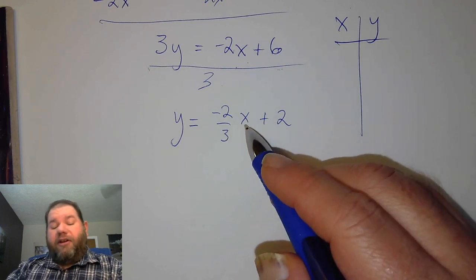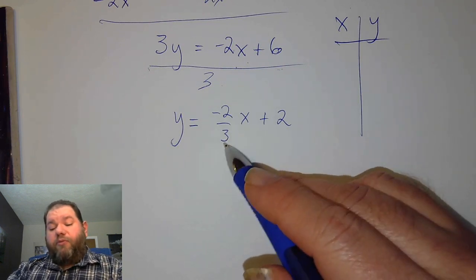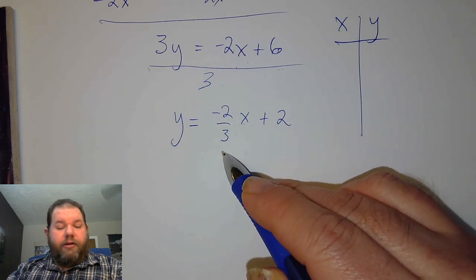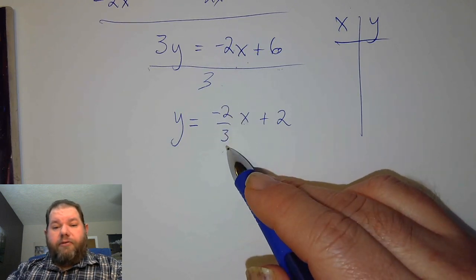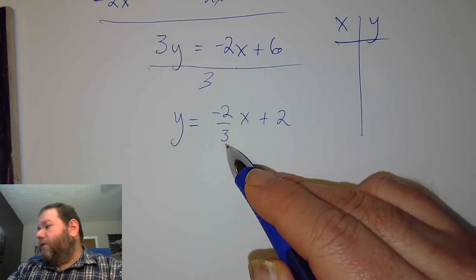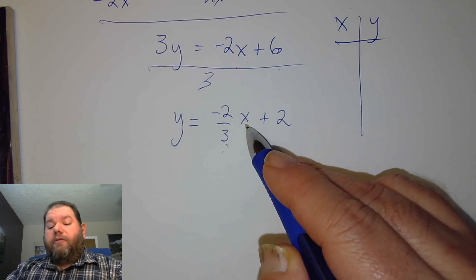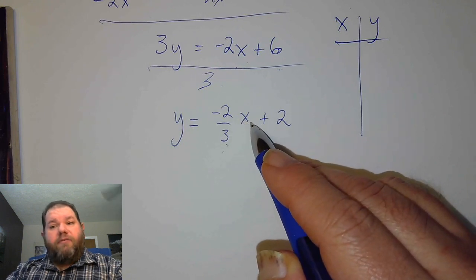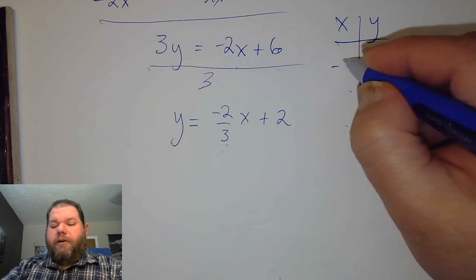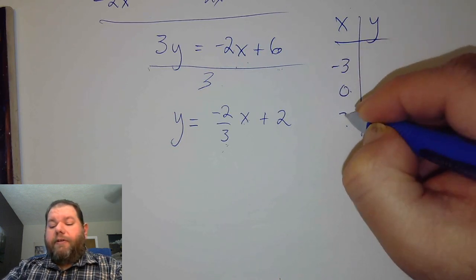The other problem we run into in this question is that whatever x is here is going to be divided by 3. We're multiplying by 2 over 3. That means we have negative 2 times x divided by 3. So rather than just pick -1, 0, and 1, I'm going to pick -3, 0, and 3.